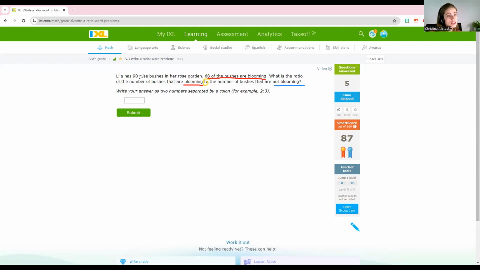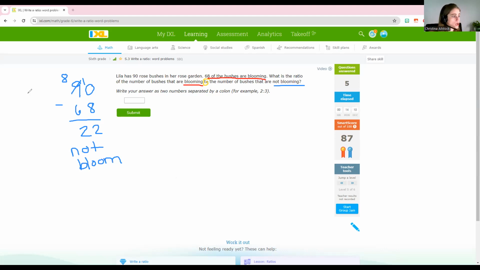So what do you think we would need to do to find out how many are not blooming? This time we're going to subtract. We have the total of 90 bushes, and then we're going to subtract the 68 that are blooming. We're going to have to borrow here, giving us 22 that are not blooming.